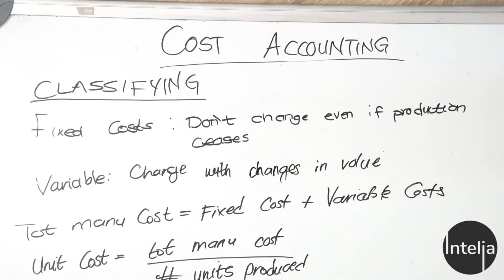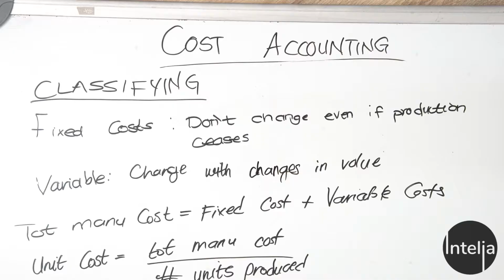So if you look at my board, we're going to look at the first classification, which is fixed costs. Fixed costs are those costs that don't change no matter what happens in the business. Let's say we usually produce 60 shirts. Even if we produce 40 shirts this month, a cost like rent needs to be paid in full no matter what.